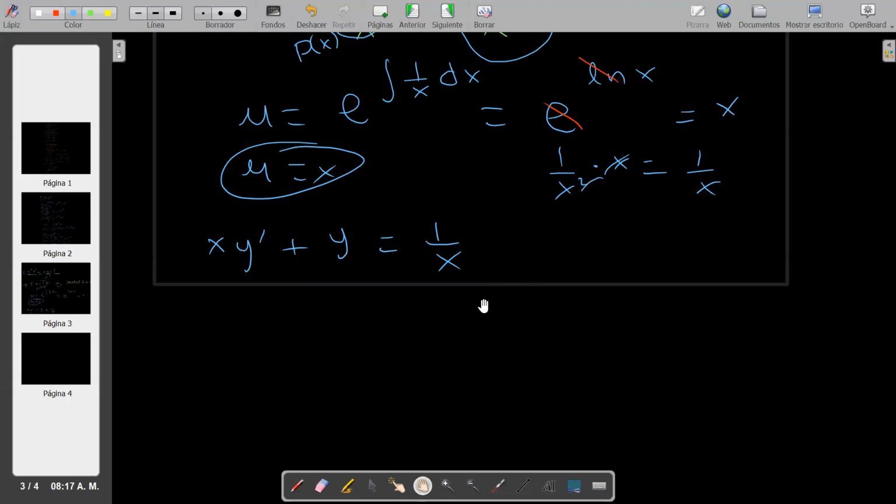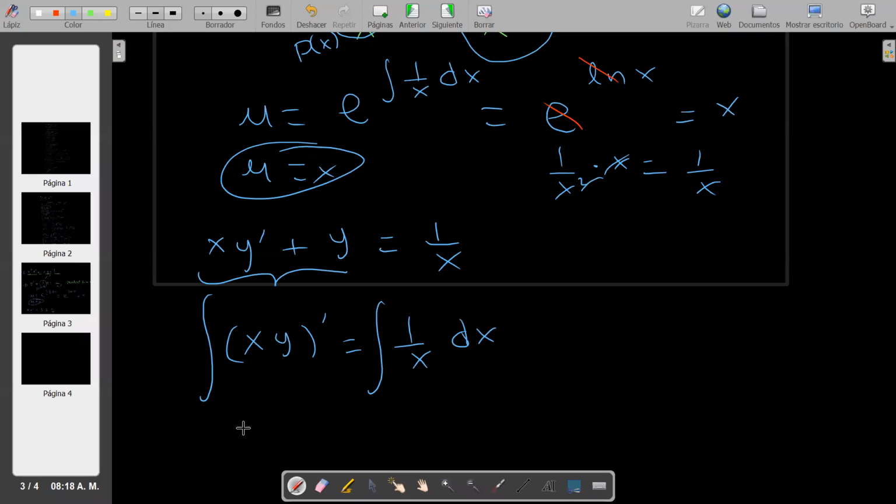And now, just remember, the left side will be just the derivative of x times y. Is that true? And then we just integrate with respect to x, both sides. On the left side, we are left with x times y.